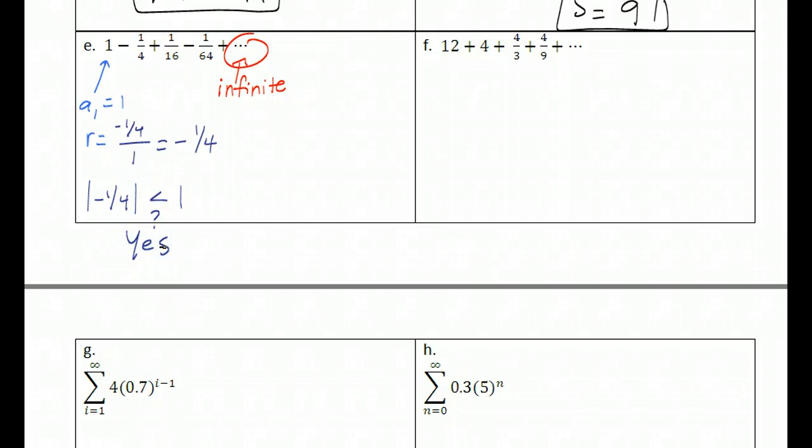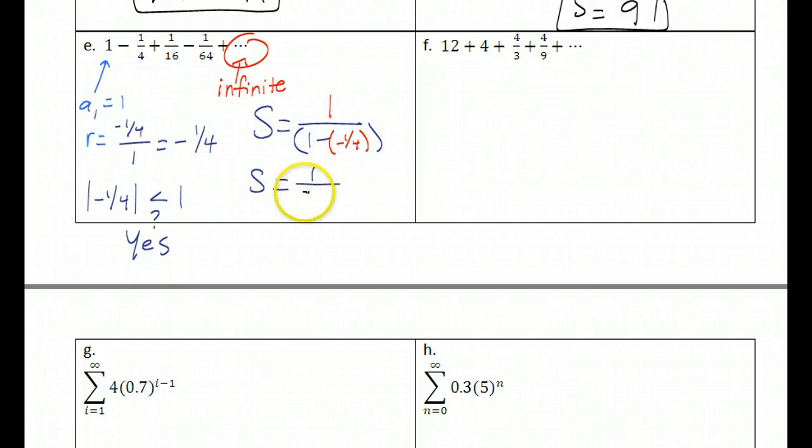Yes, so I can find a sum, and I'm going to plug in my A1 and my R. Careful with your double negative there. So I have 1 over 1 minus, and then in parentheses -1/4. So I got a negative. Check that out. So 1 divided by 5/4, and I end up with 4/5 for my sum.